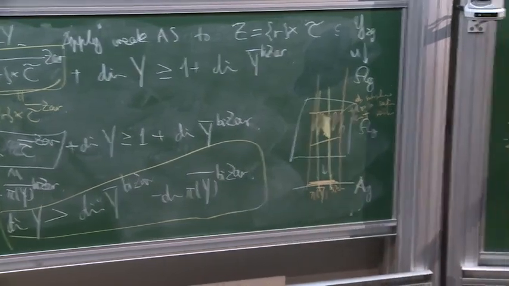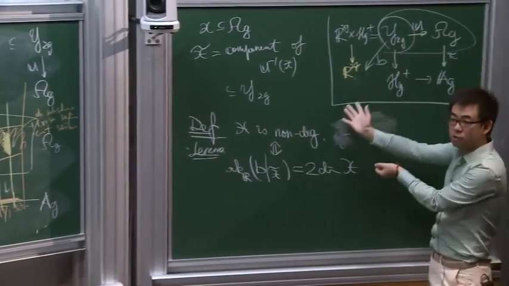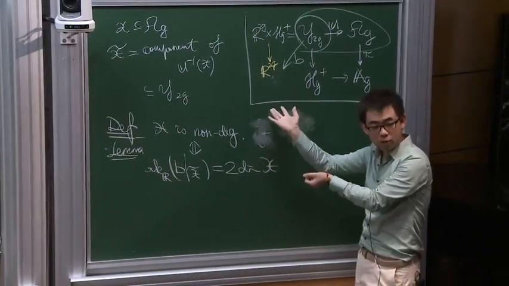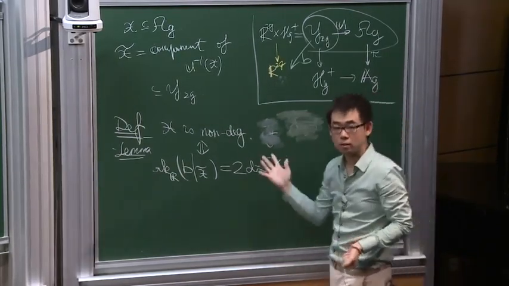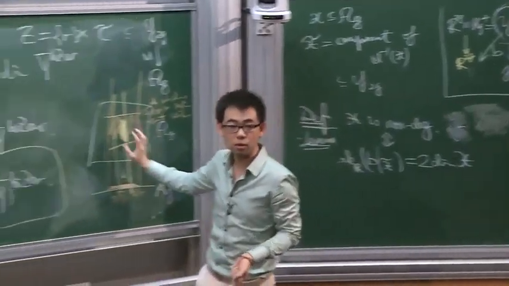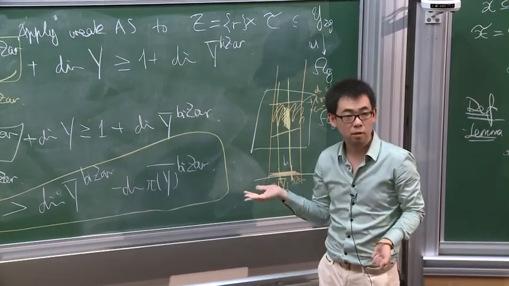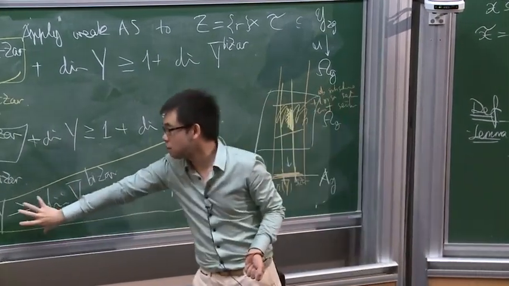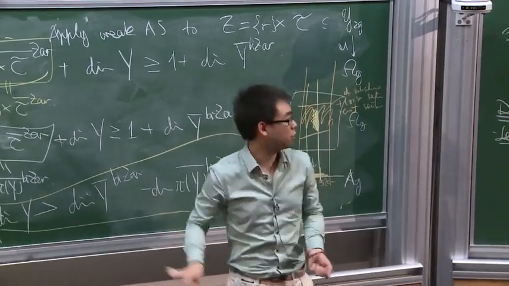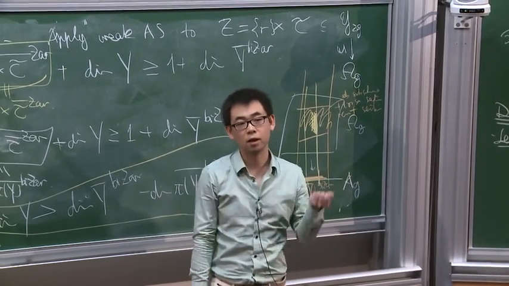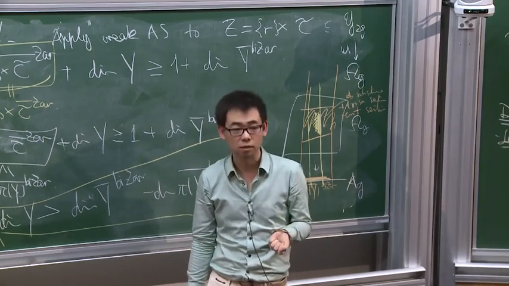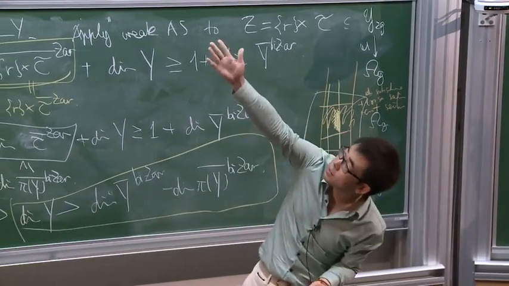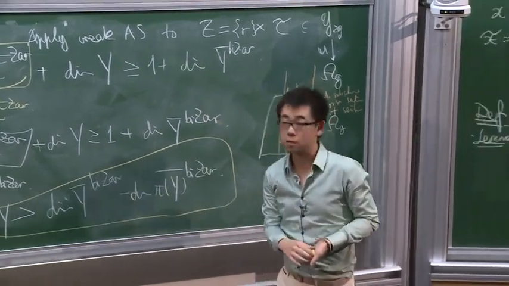And if we look at the definition of the Betti map, of course, the rank of the Betti map cannot exceed twice the dimension of the original variety. So that's why, as long as y satisfies this, then of course y is degenerate. And if x is the union of such things, then x must be degenerate. This is why I said that the other direction is rather easy to prove.